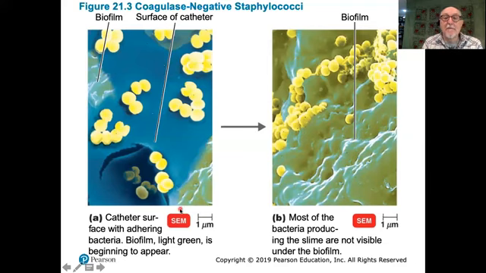Unfortunately, there are a group of Staph aureus which produce very virulent toxins. They have very powerful virulence factors. The first of these is called toxin A, and it's a localized effect, and it causes exfoliation of the skin.